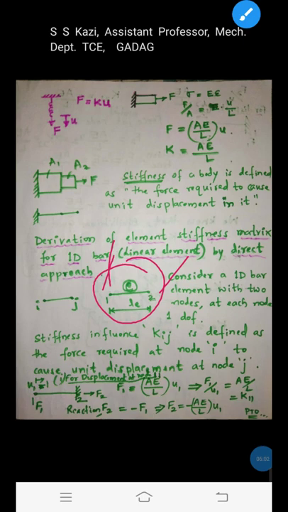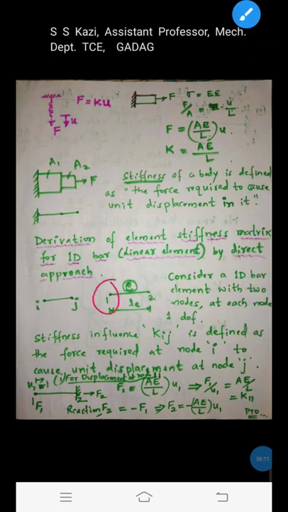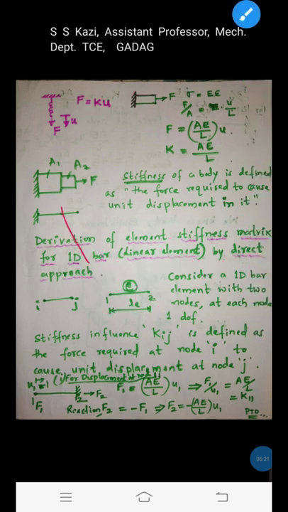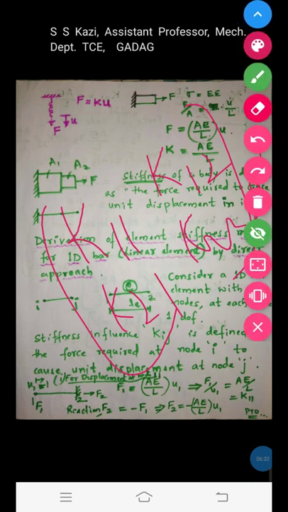Since each node has only 1 degree of freedom and one unknown, u1 and u2, the stiffness matrix will be of order 2 by 2, so we will get 4 terms: K11, K12, K21 and K22. These 4 stiffness terms we will find now.